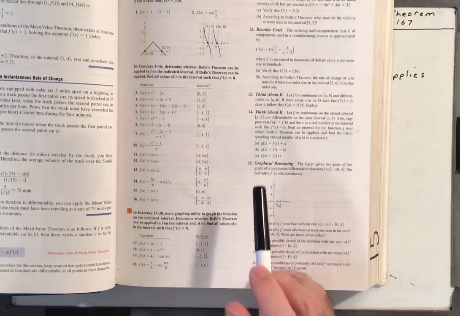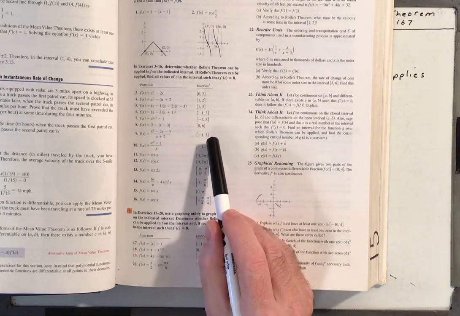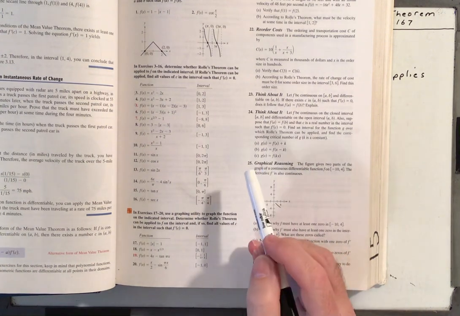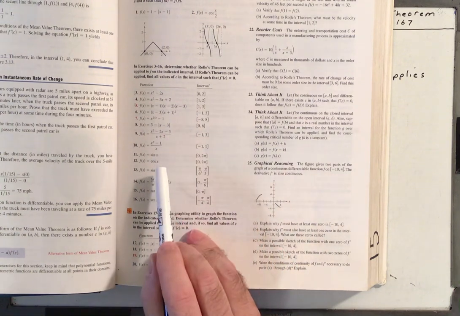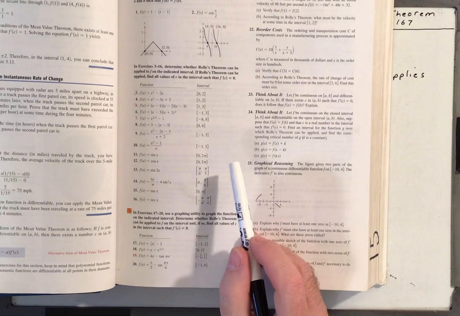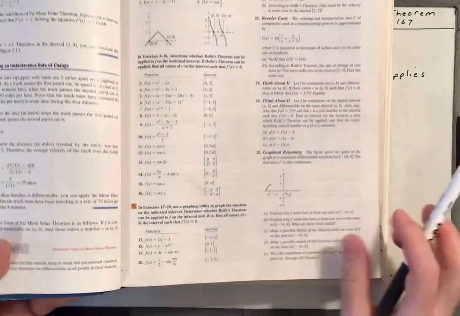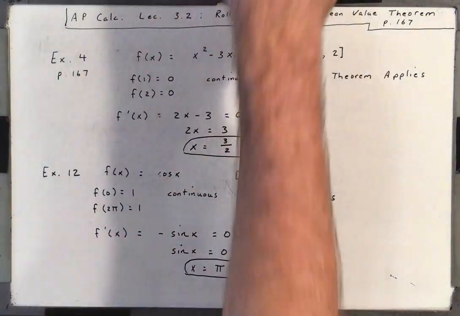Another thing is there a place within the interval that the function is undefined? So that could happen on any of these that have a fraction, like number 9 and number 10. So you need to check and see if there's a place in the interval where the function's undefined, then Rolle's theorem doesn't apply, and you can stop and you don't have to finish out the problem. Just write down Rolle's theorem doesn't apply.